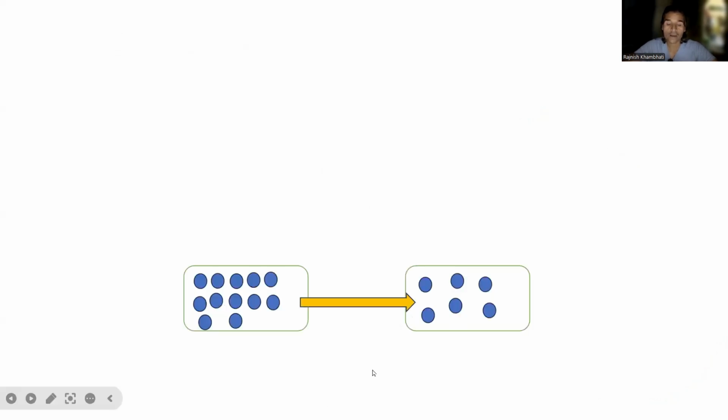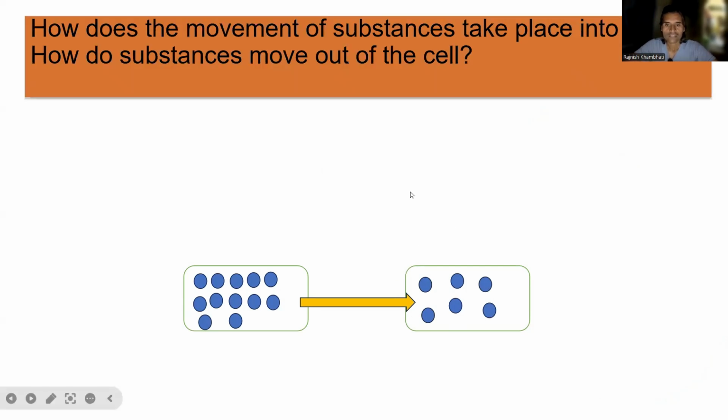Now this is the demonstration of material going and coming through, out and in of the cell. See the question: how does the movement of substances take place into the cell, and how do substances move out of the cell?